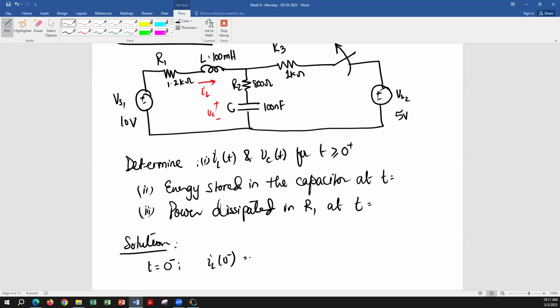So again, say it again, VS1. Not VS1 plus IL times R1. Good. Okay, VS1 equals what? Okay, keep going. No, incorrect.